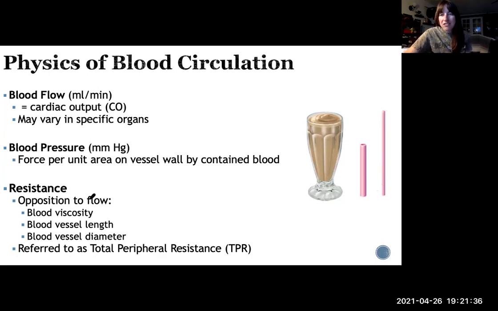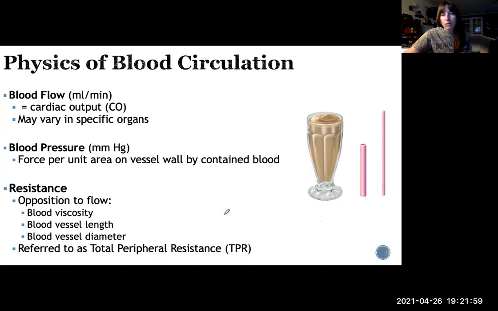There's a lot of resistance. There's a lot of friction. There's a lot of opposition to flow. Okay, so shorter vessels, wider vessels, those are going to decrease resistance, as well as a more watery, less viscous blood is going to also keep resistance low.